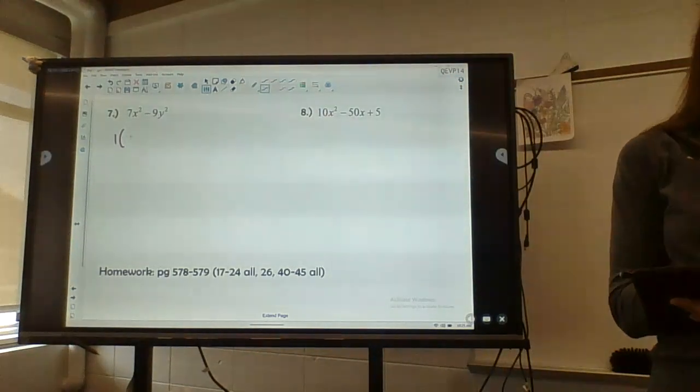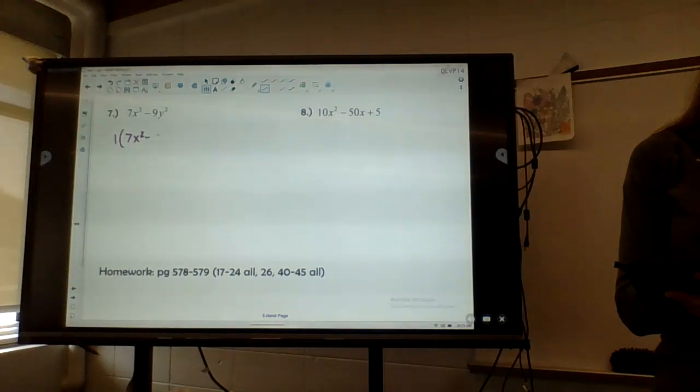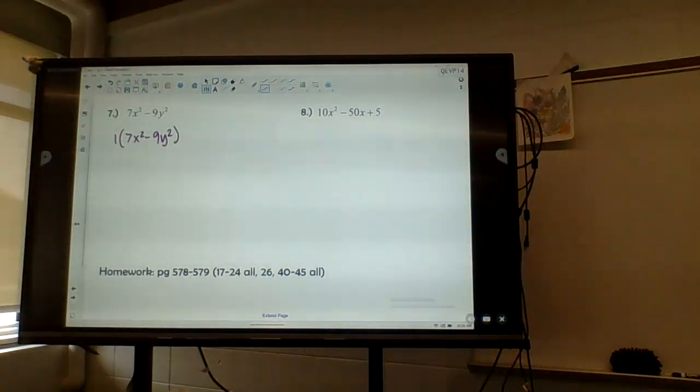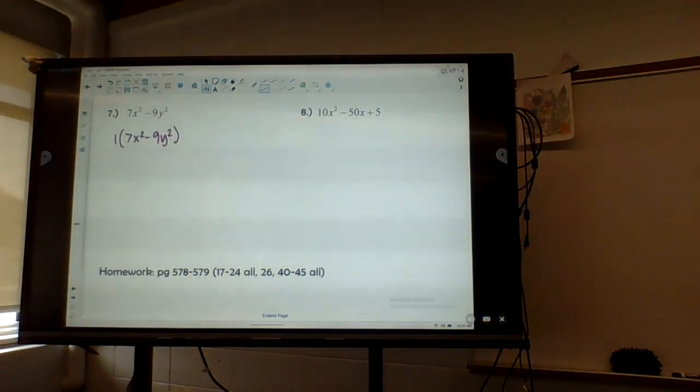So I would probably just take out a positive 1, so nothing happens. So you're probably like, that was the lamest problem ever. Or you can say it's not factorable, like you can't take anything out. But technically we can always take out a 1. So if you had done it this way, it's not wrong, it just probably isn't any more useful.